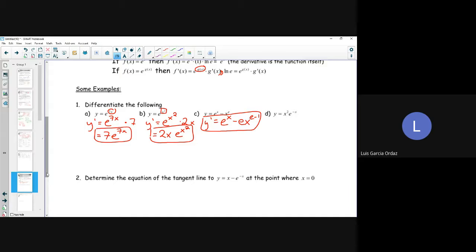And then the last one you have y is equal to x squared times e to the negative x. So because we have two functions, we need to use p prime of q plus q prime times p.